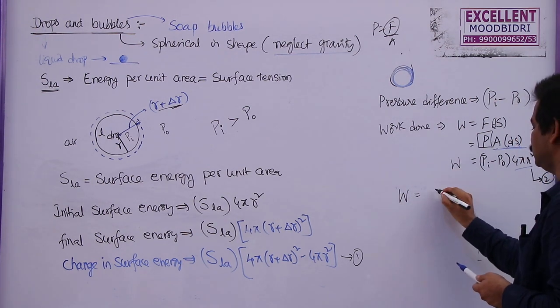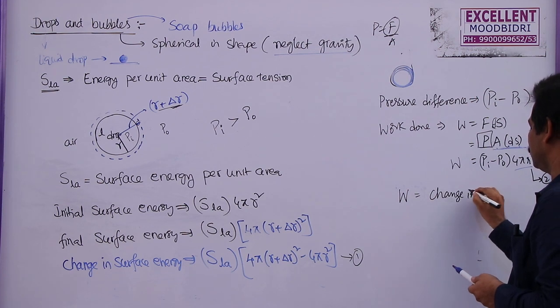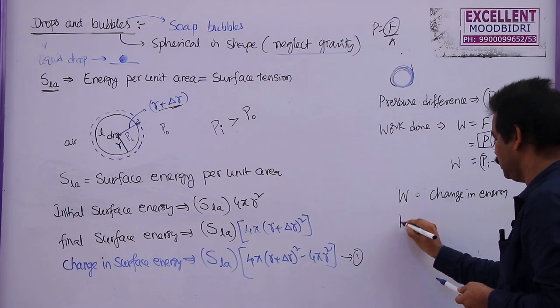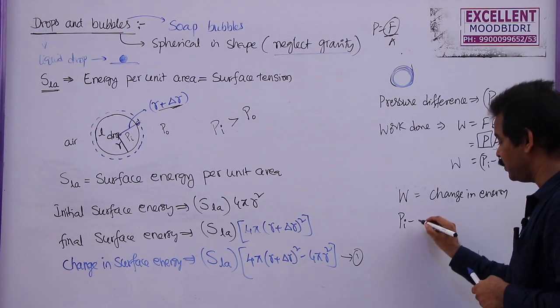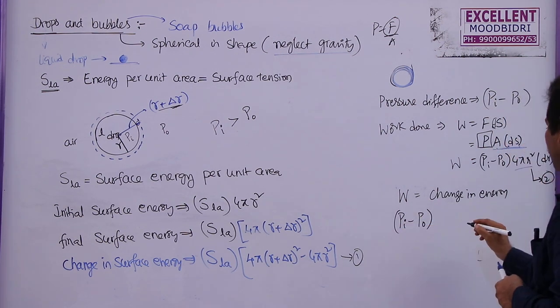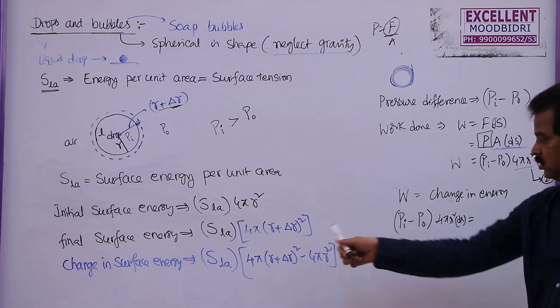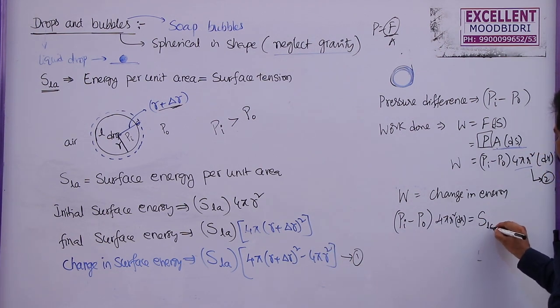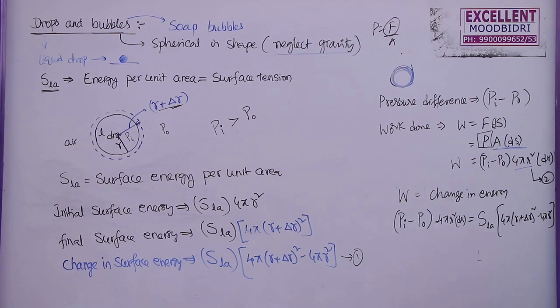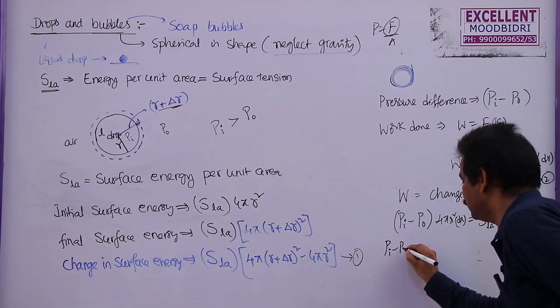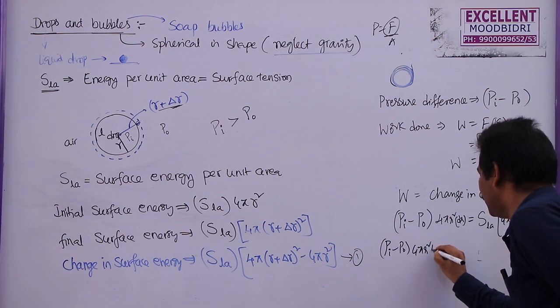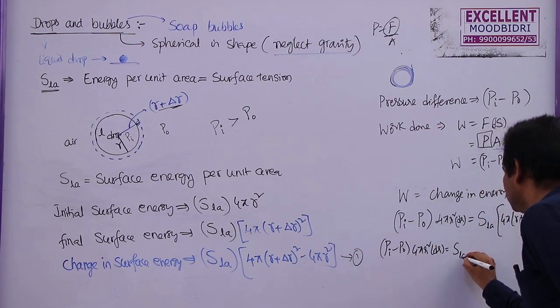So from equations 1 and 2 we can write: P_I, the internal pressure of the drop, minus the external pressure of the drop, into 4 pi r square into dr is equal to S_LA into 4 pi (r plus dr) whole square minus 4 pi r square.